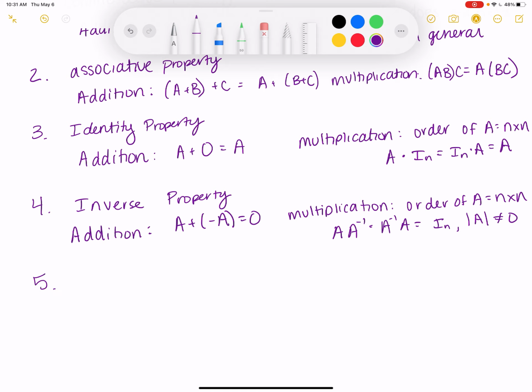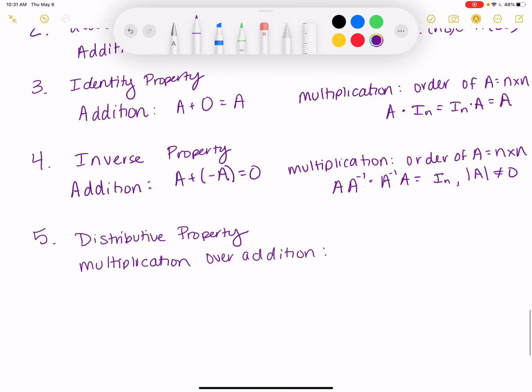And our final property is the distributive property. For multiplication over addition, A times (B plus C) is equal to AB plus AC.